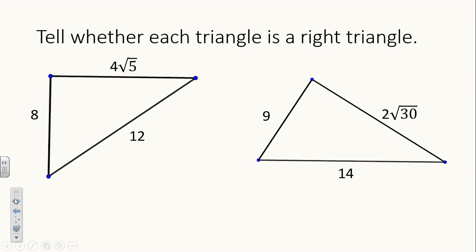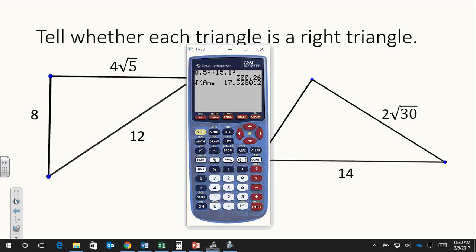And we can verify that by saying, hey, tell me what is 4 times the square root of 5? 4 square roots of 5 is 8.494. Okay, definitely not the longest. 12 is the longest. Okay, so we want our 12 squared to be by itself.